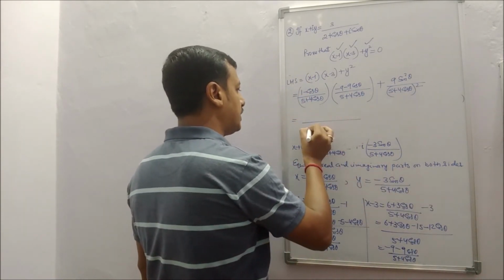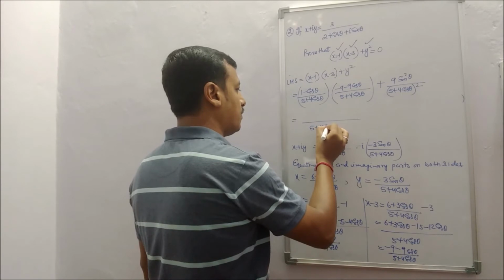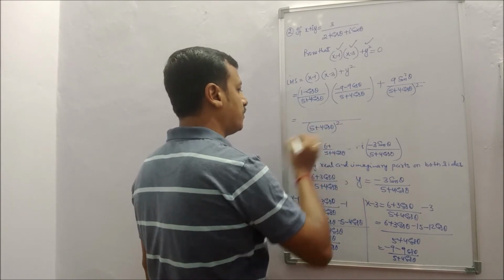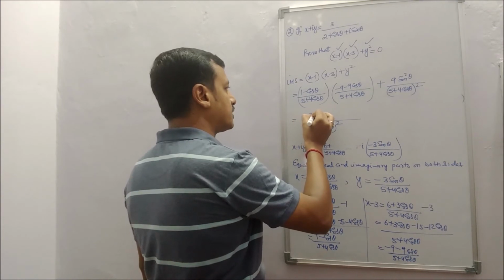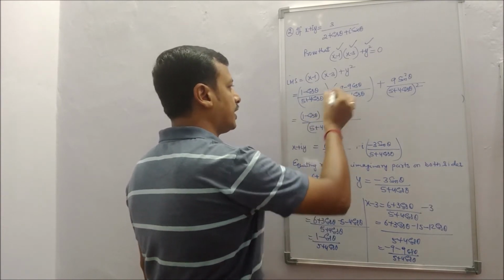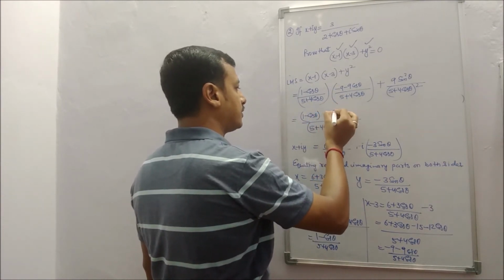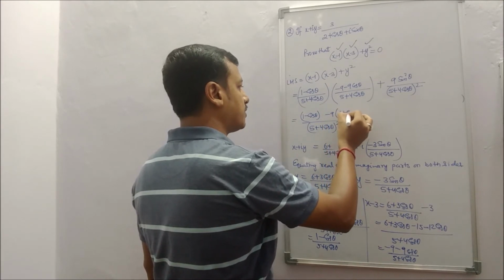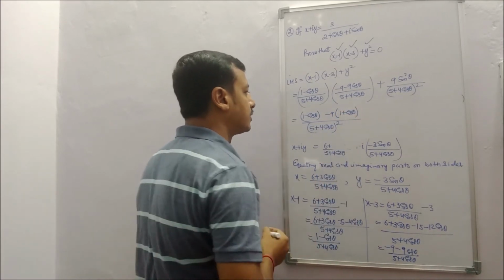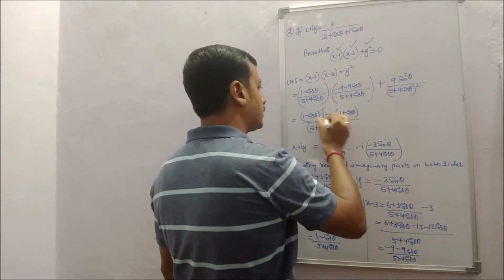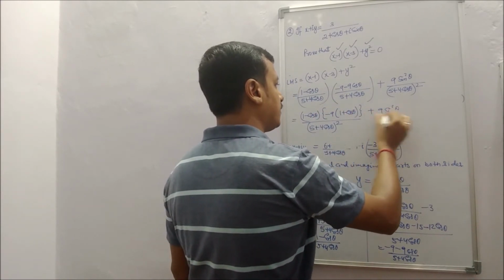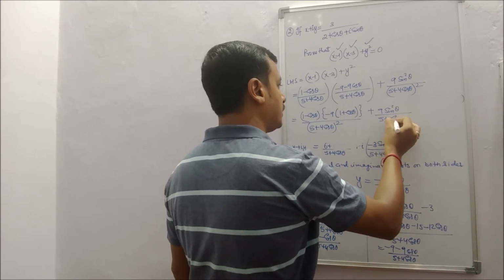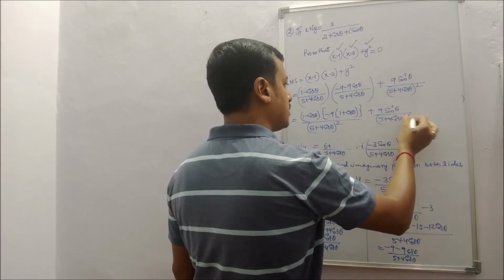So multiplying the first two terms, denominator (5 plus 4 cos theta) square, numerator is (1 minus cos theta). If we take minus 9 common, it is (1 plus cos theta), plus 9 sin square theta divided by (5 plus 4 cos theta) whole square.